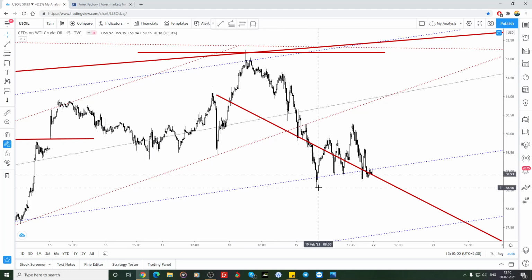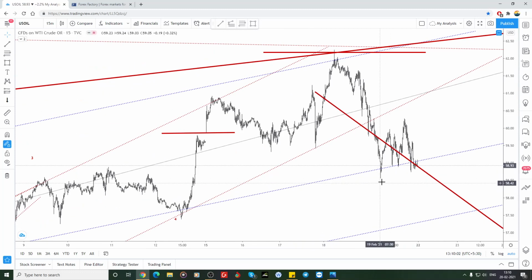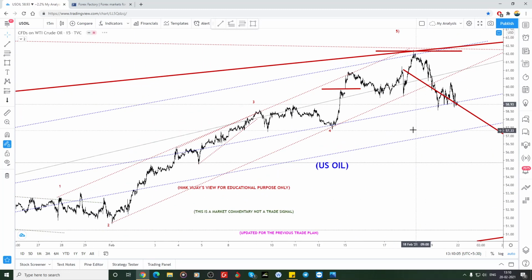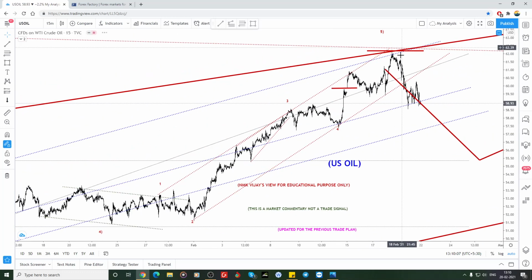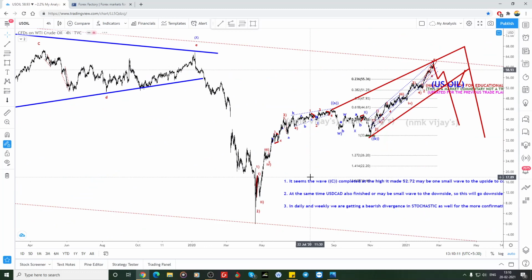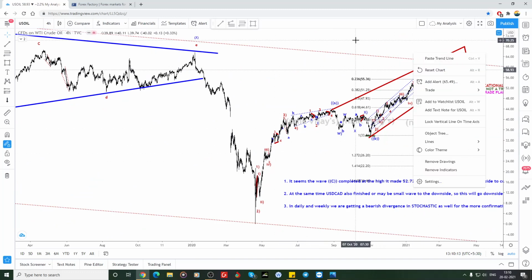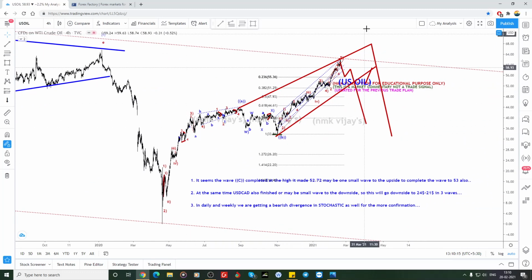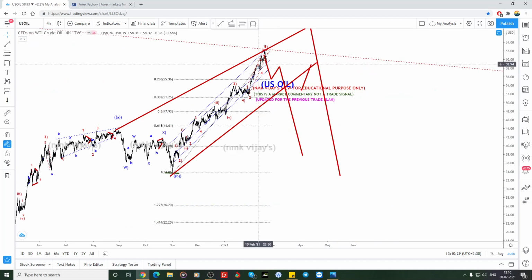So it could be an A, then B and C. It has to be in 3-wave structures. If it did the 3-wave structure and again it can shoot, we need to make it a W. If it is a deeper correction, it's A, B, C. So we need to make it A and again B and C. So let's see how it moves.